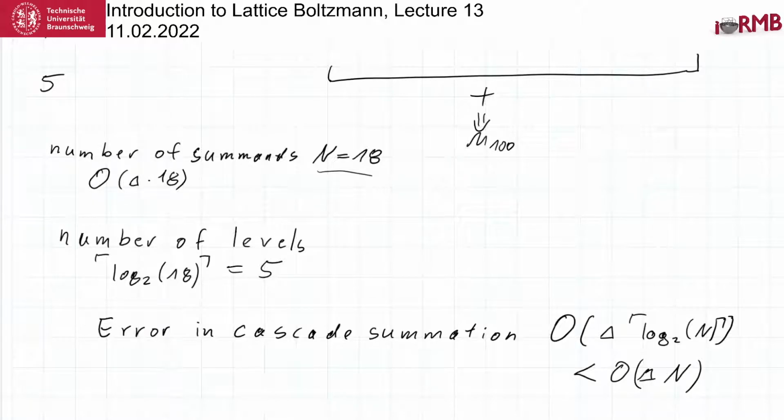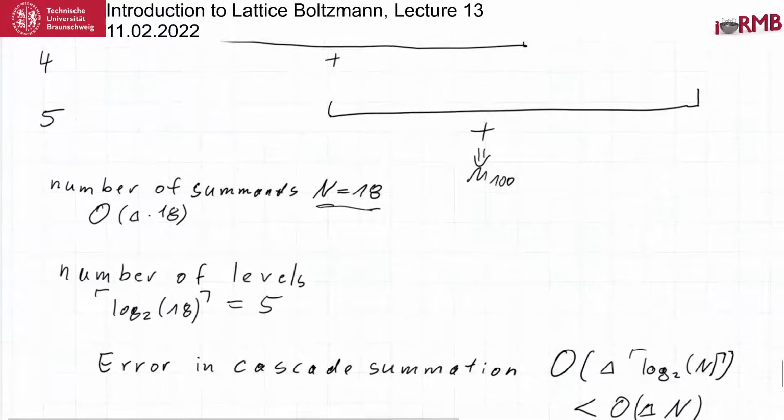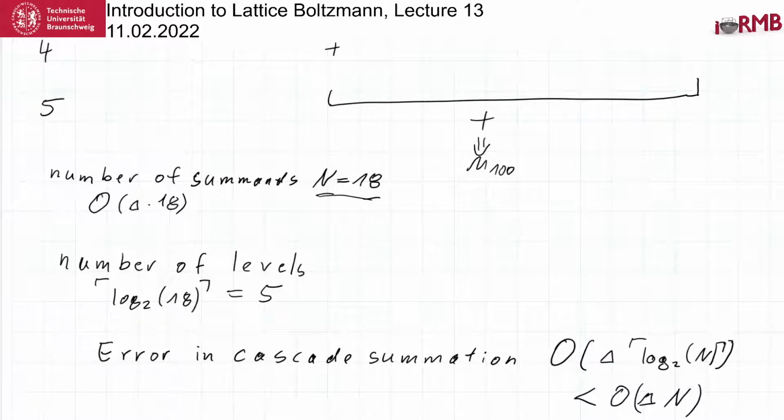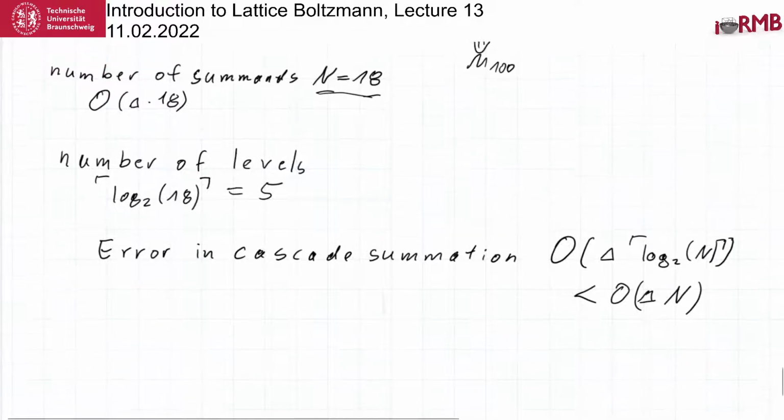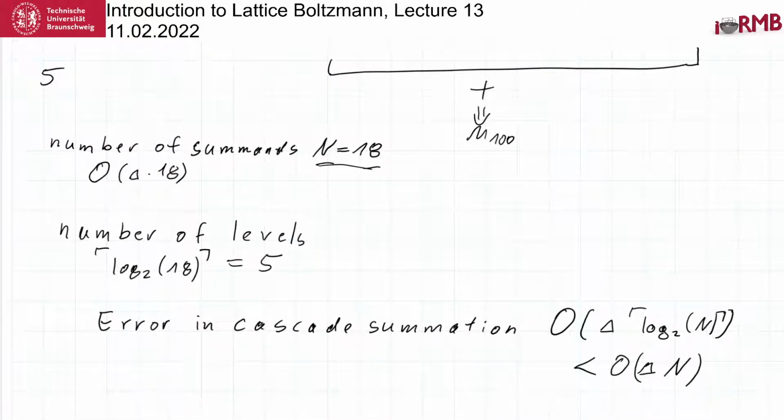So from delta times 18, we reduced our error to delta times 5. So it's almost 4 times smaller. The round-off error in the pairwise summation is almost 4 times smaller than the one in the naive summation. And 4 times means you're losing 2 significant bits less if you sum things like this than if you sum things in the naive way.